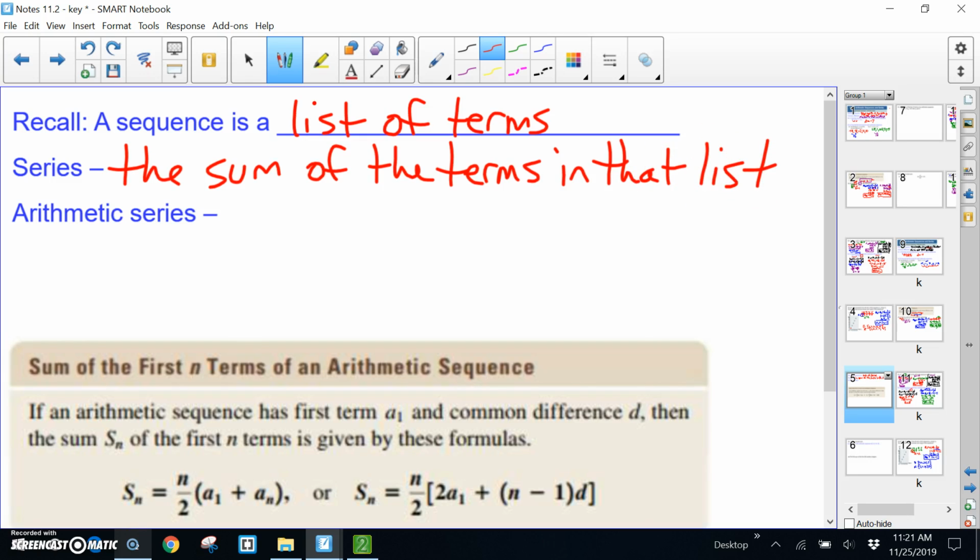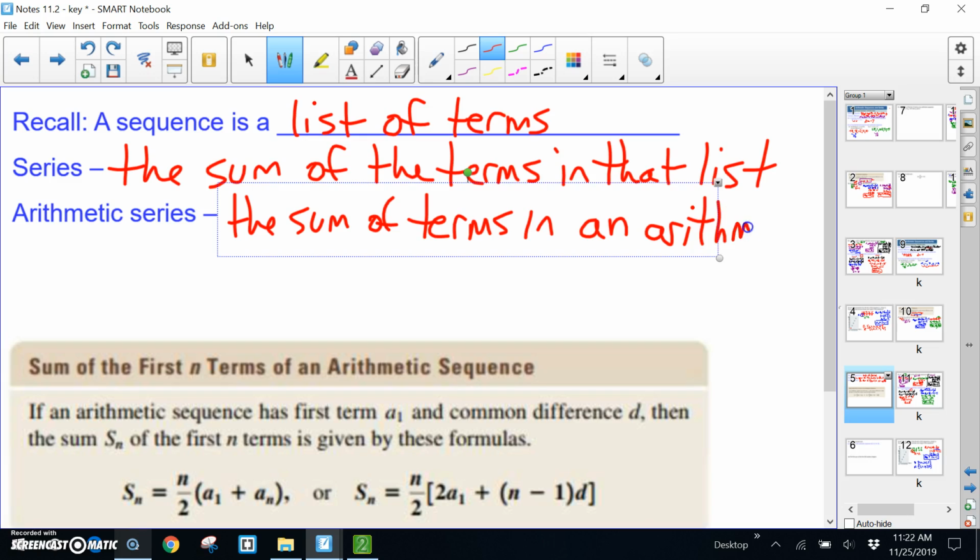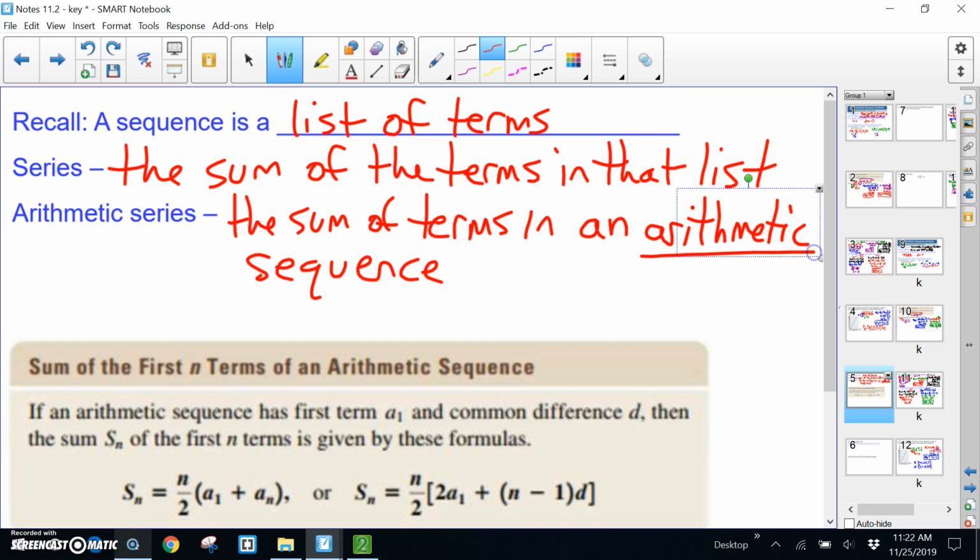An arithmetic series is the sum of the terms in an arithmetic sequence. Of course, arithmetic, we're talking about when you're adding something to get the next term.